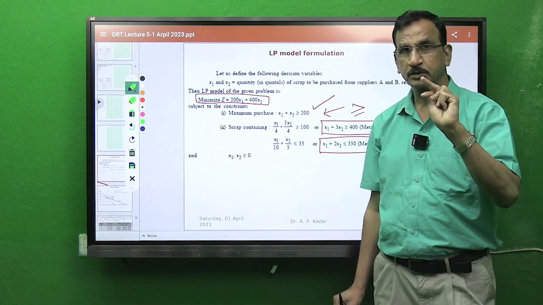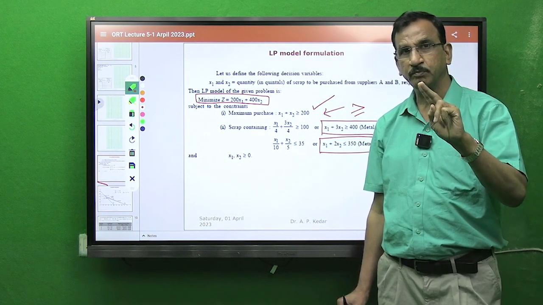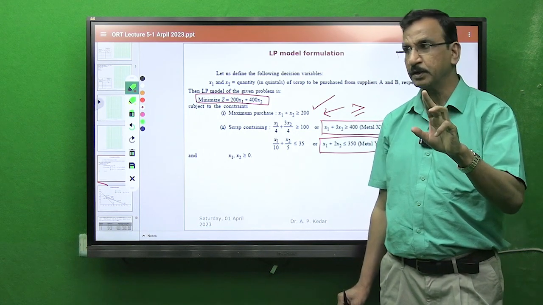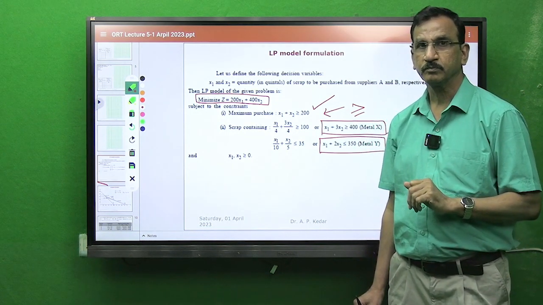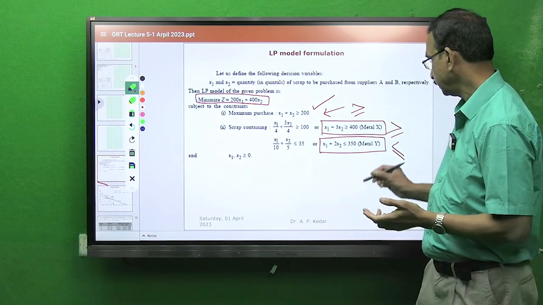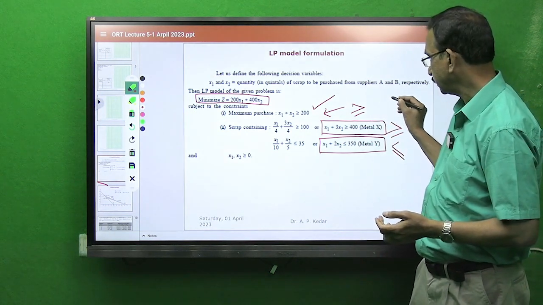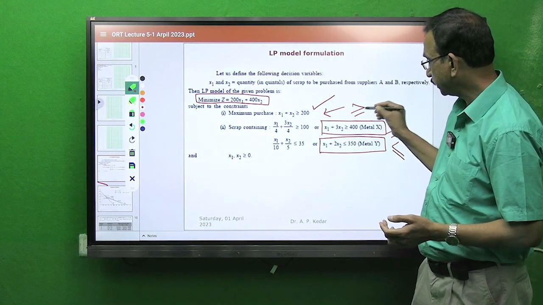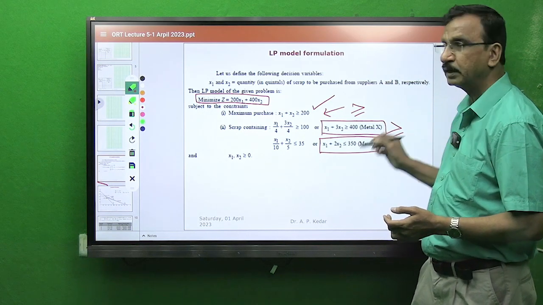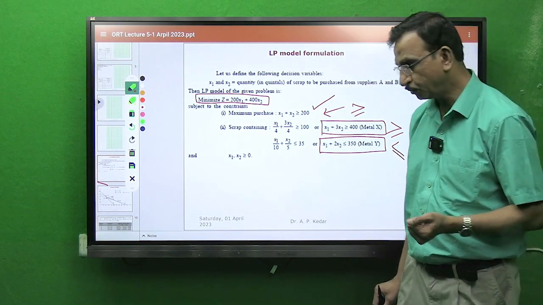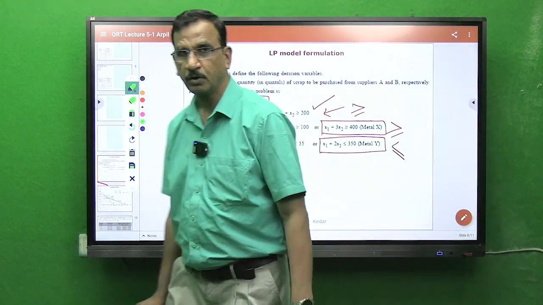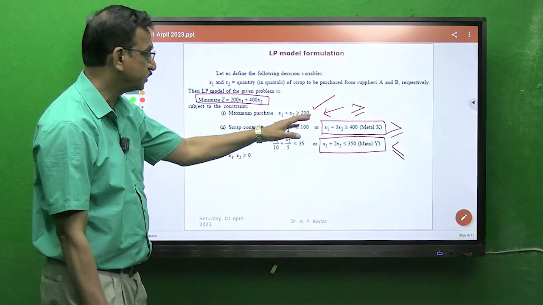Fourth category of problem, where the constraints are equal to. Fifth variety, where constraints are greater than equal to and less than equal to. How to proceed? How to find the solution graphically for this case?